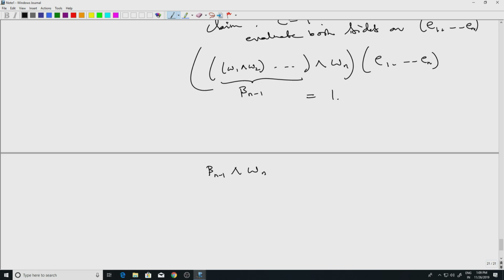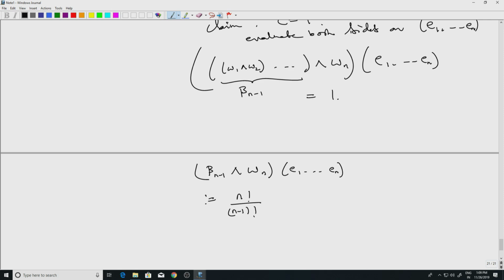This is an n minus 1 form, that's why the index is that. Evaluated on E1 up to En, this is by definition n factorial by n minus 1 factorial.